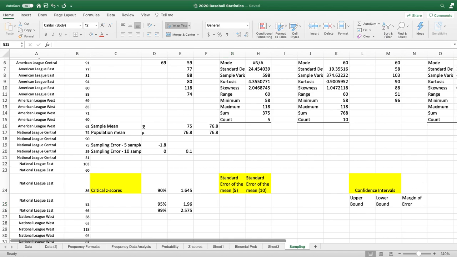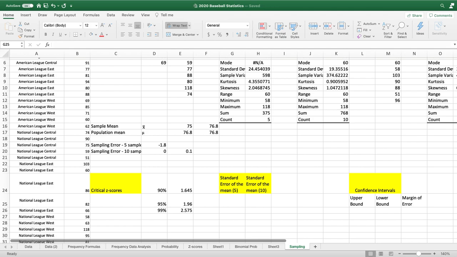How we calculate that is on page 337 of your book. We need to take the population standard deviation and divide it by the square root of the sample size.